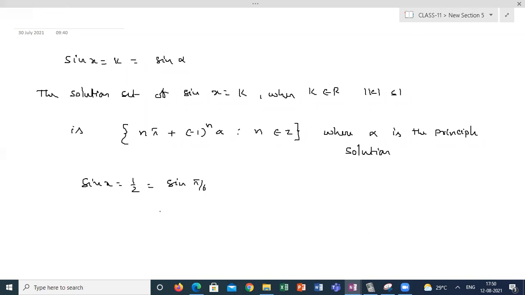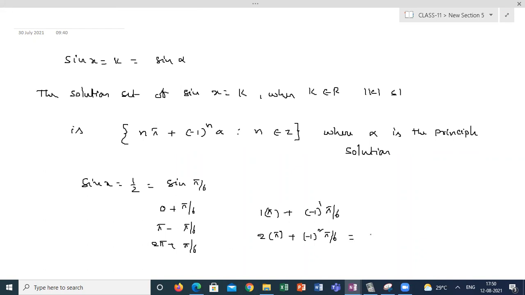So what is the meaning? It might be 0 plus pi by 6, pi minus pi by 6. What is the meaning of pi minus pi by 6? 1 pi into 150, minus 1 power 1 into pi by 6. Again, when I am getting 2 pi plus pi by 6, let's see, 2 into pi plus minus 1 whole power 2 pi by 6.